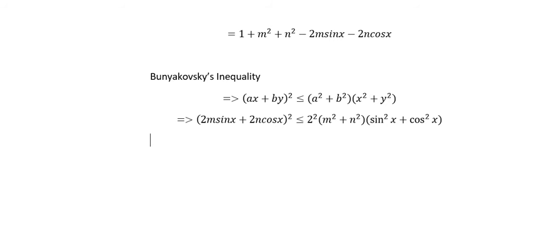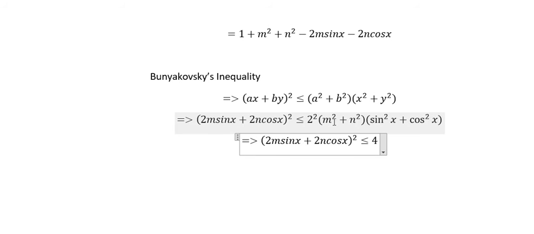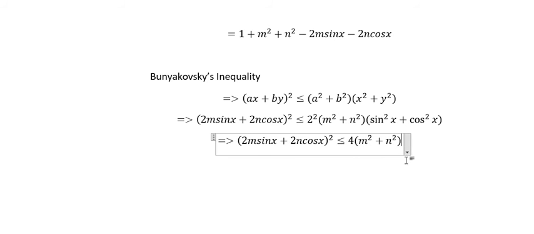And now we are going to simplify the right side. Two power 2 is 4. M power 2 plus n power 2, we keep the same. Sin x power 2 plus cosine x power 2 is 1, so we don't need to write anything.